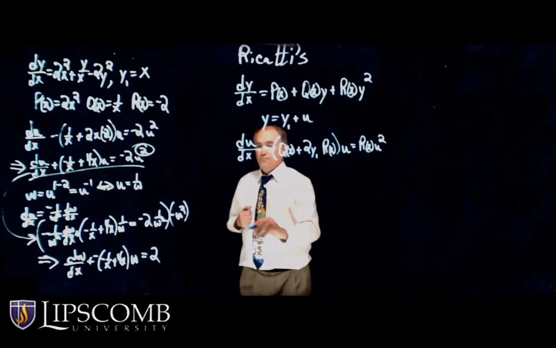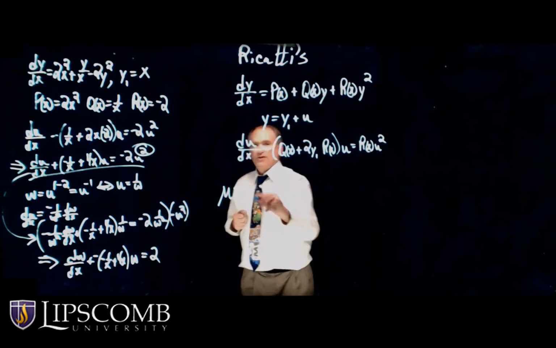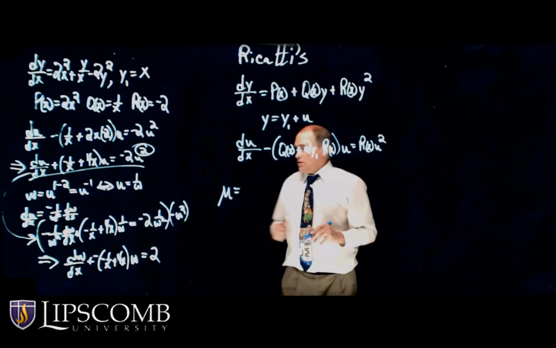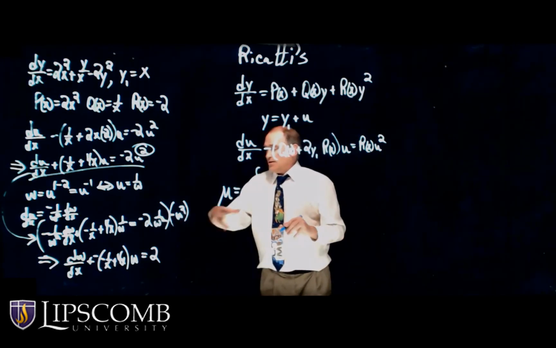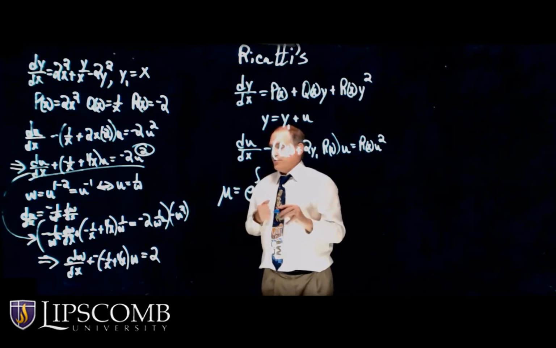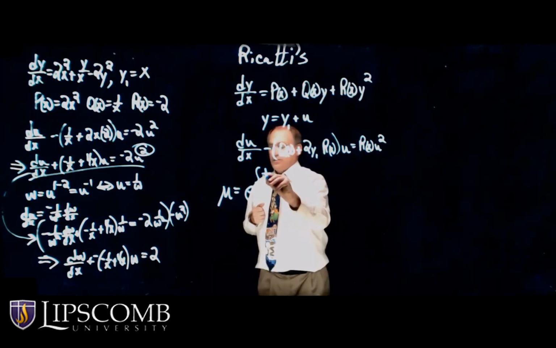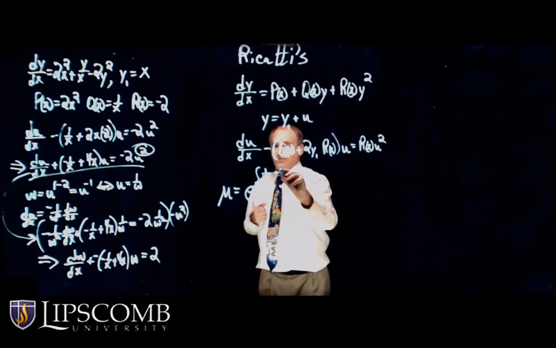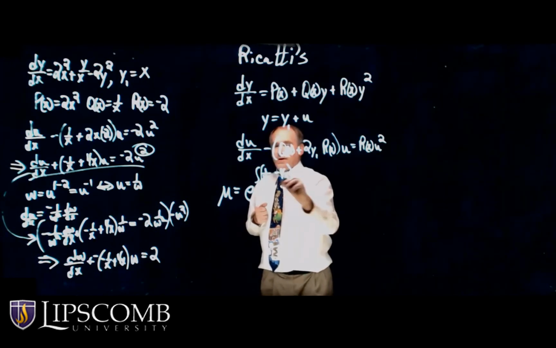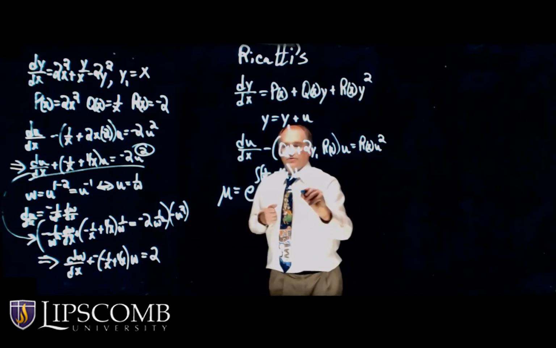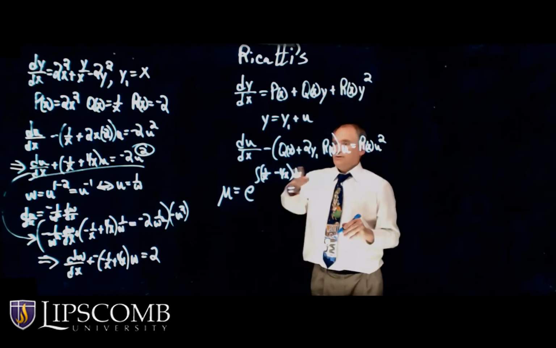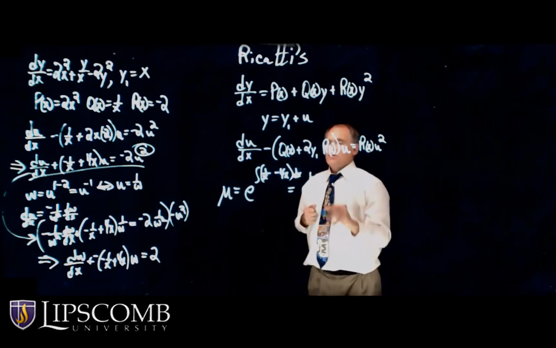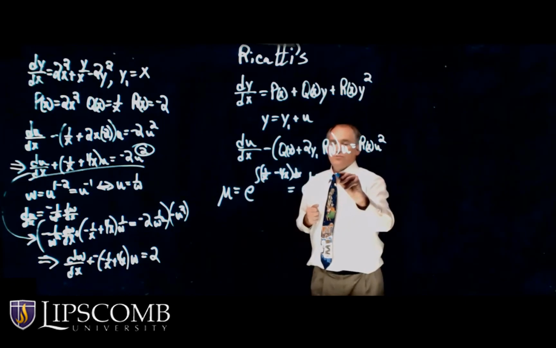So now mu, the integrating factor. That would be e to the integral. Let me take that negative through. So that would be 1 over x minus 4x dx. So that would be e to the natural log of x minus 2x squared.